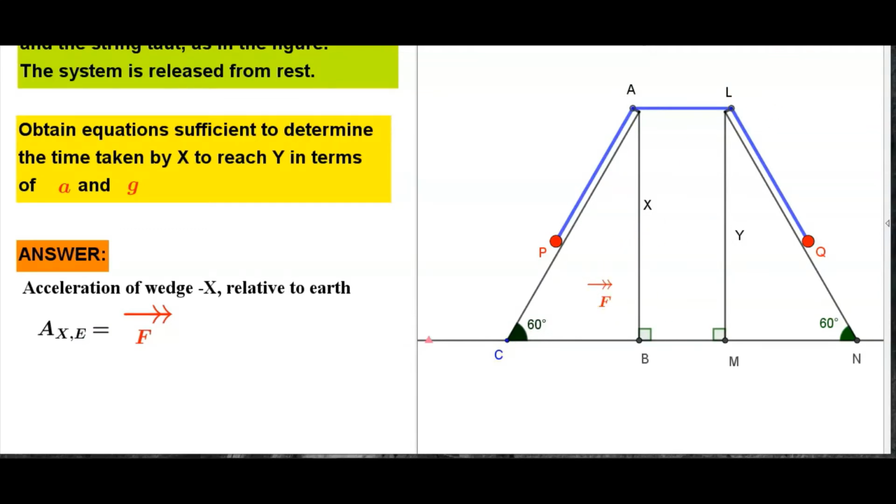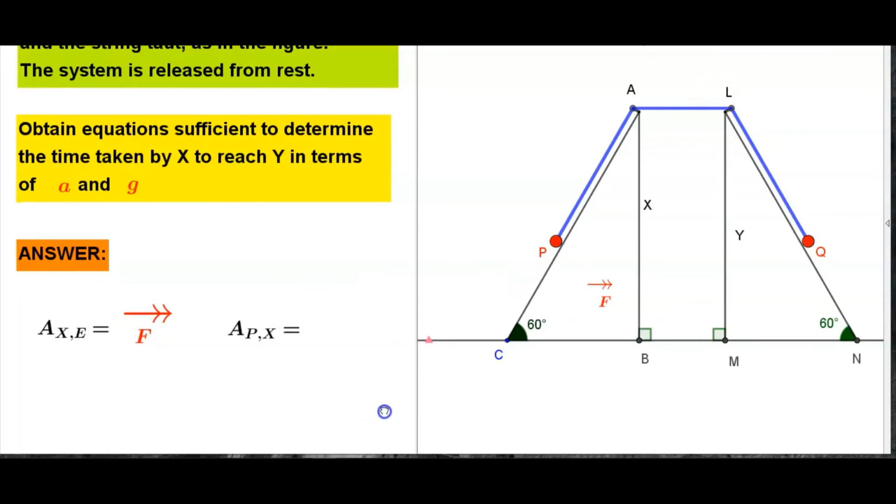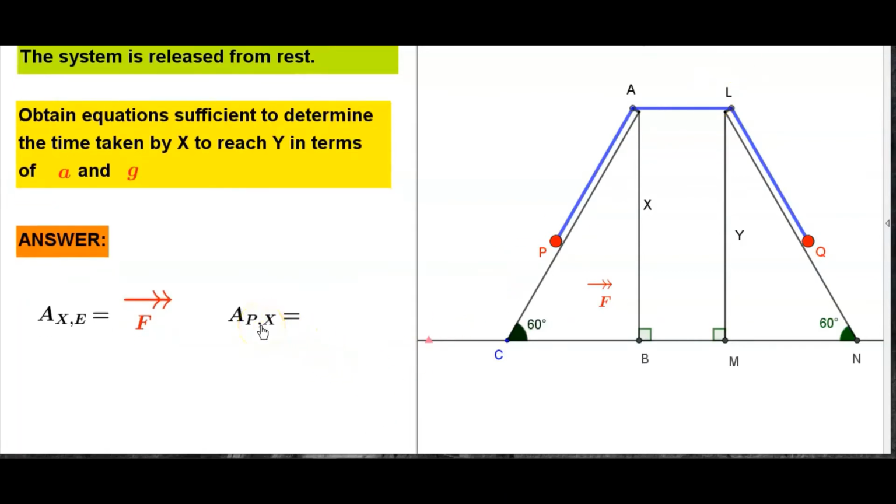The acceleration of P relative to X, relative to this wedge, is f along this inclined plane.